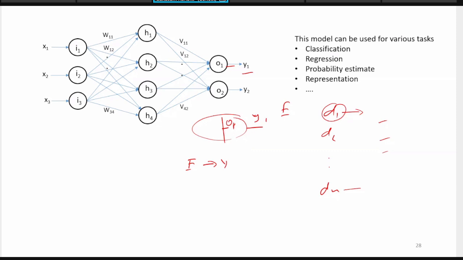Y depends on O, right? O depends on V or H, right? So when you do the back propagation, you need to decompose at the level of perceptron output as well as the node output. That's why you need two outputs here.